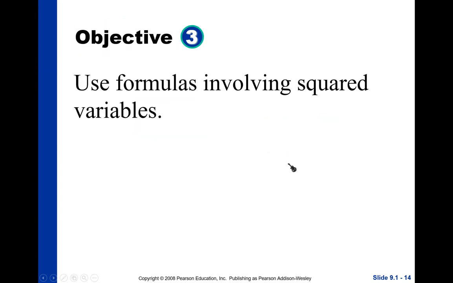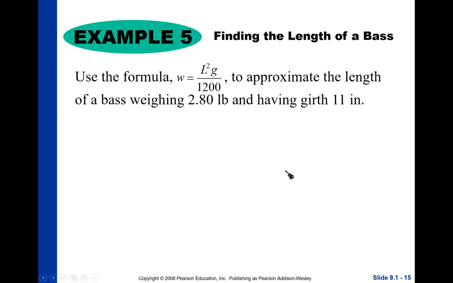Now, use formulas involving squared variables. Ito yung huli natin gagawin. Example, word problem ito. Use the formula W is equal to L squared times G divided by 1,200 to approximate the length of a vase weighing 2.80 pounds and having a girth of 11 inches.